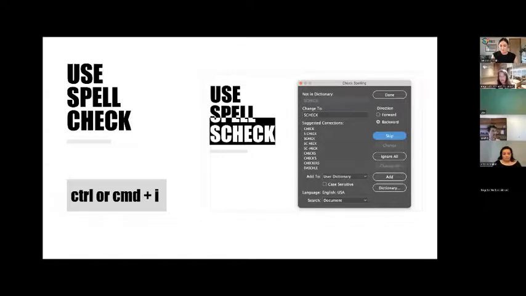If I can ask a question here real quick. In InDesign, it doesn't have real-time spell checking, like where it gives a little squiggly underline? I don't think so, but I think you can enable it depending on your settings.